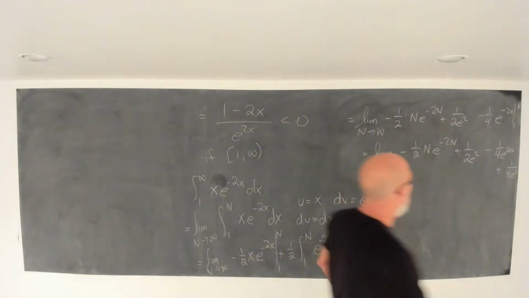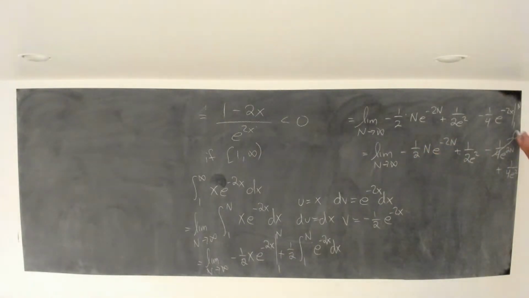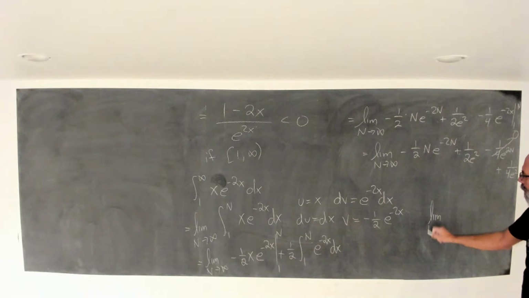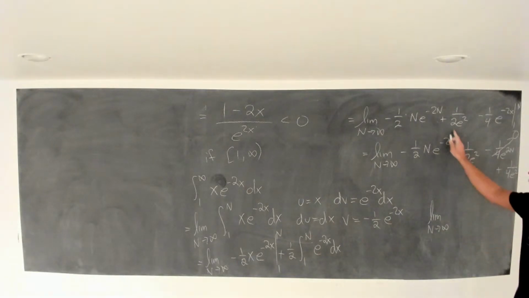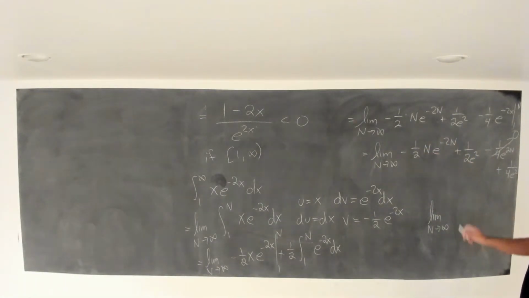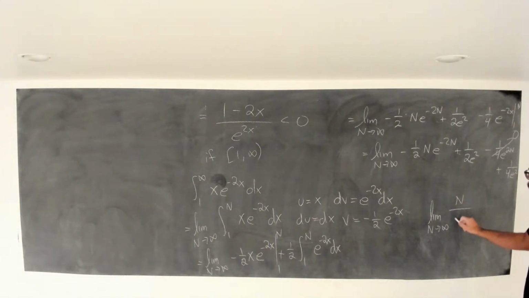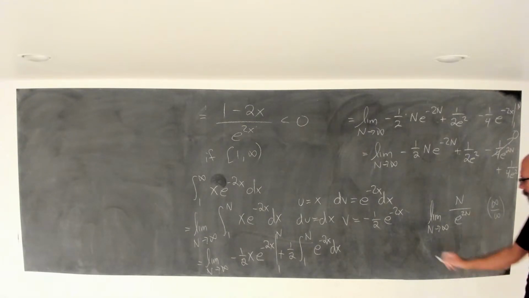As n goes to infinity, this is easily seen to be going to 0. What about the limit as n goes to infinity of this part, which is n over e to the 2n? Well, this is easily seen to have the form infinity over infinity.